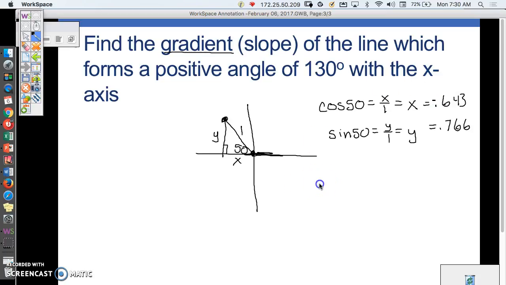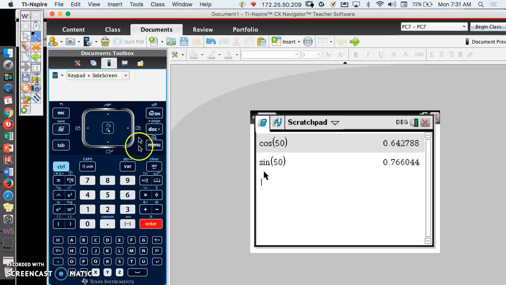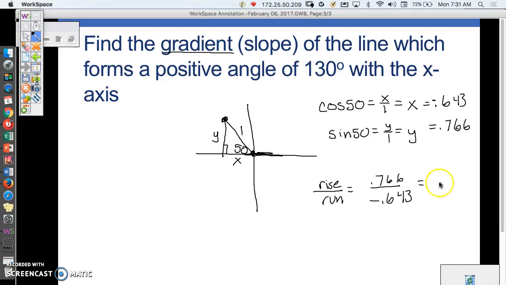So slope, the rise over run, would be 0.766 over negative 0.643. So 0.766 divided by negative 0.643, negative 1.19. And there's our slope.